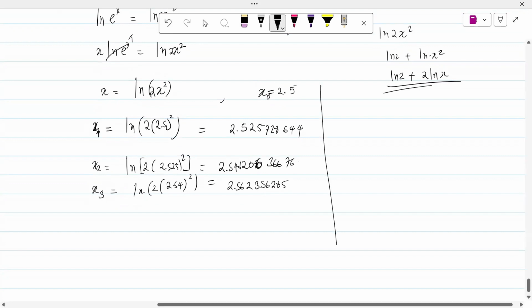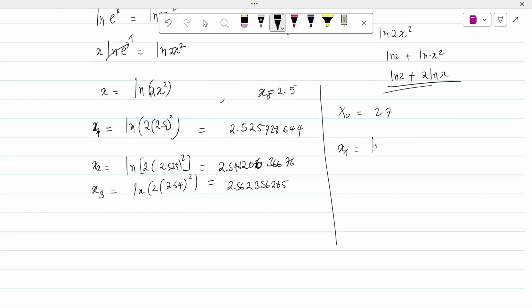Now let's also try 2.7. With x0 equal to 2.7, let's see if we're also approaching 2.6. So x1 will be equal to natural log of 2 times 2.7 squared.